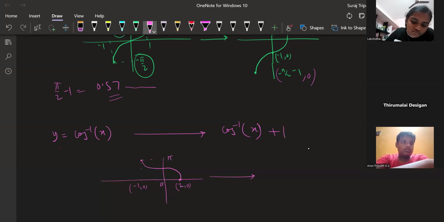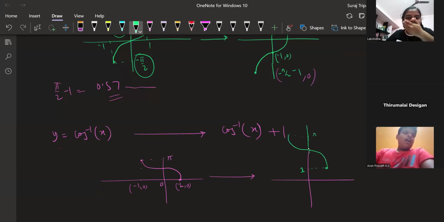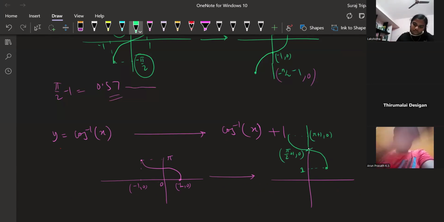Now this point will become 1, this pi will become pi plus 1, and this point will become pi by 2 plus 1. On each value present on the y-axis, you have to add 1, so the graph will shift towards upside.